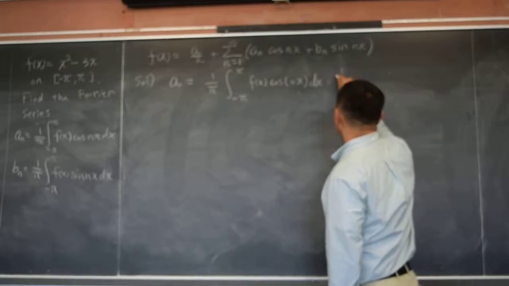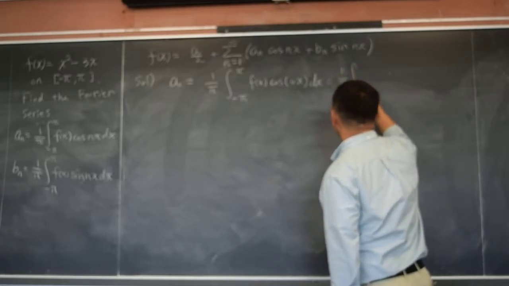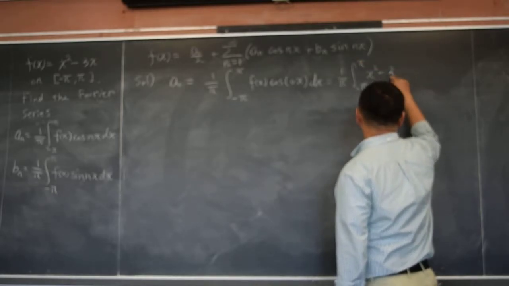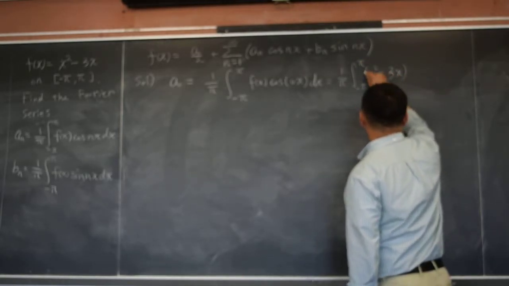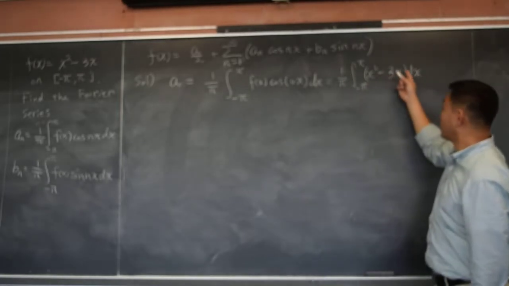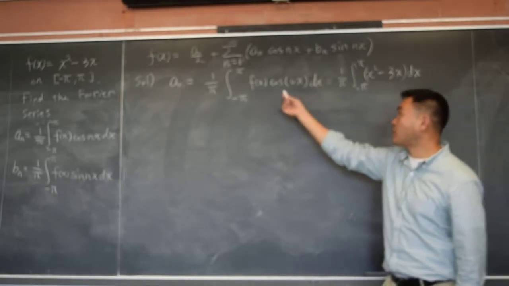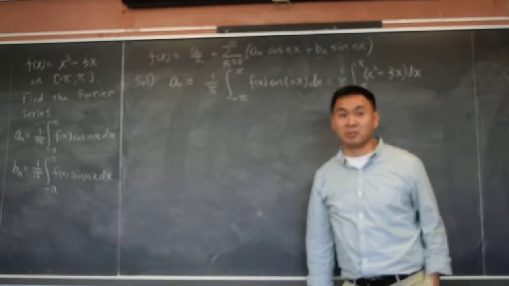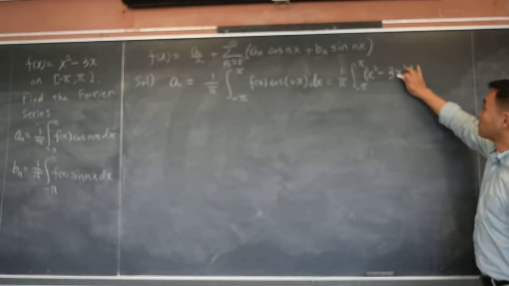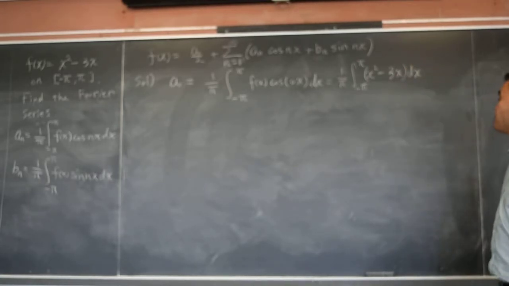It's just 1, right? So f of x is this much, and cosine 0x is 1, so I just didn't write it at all. Times 1 is nothing, so if you want, you can put times 1 dx, that's fine.